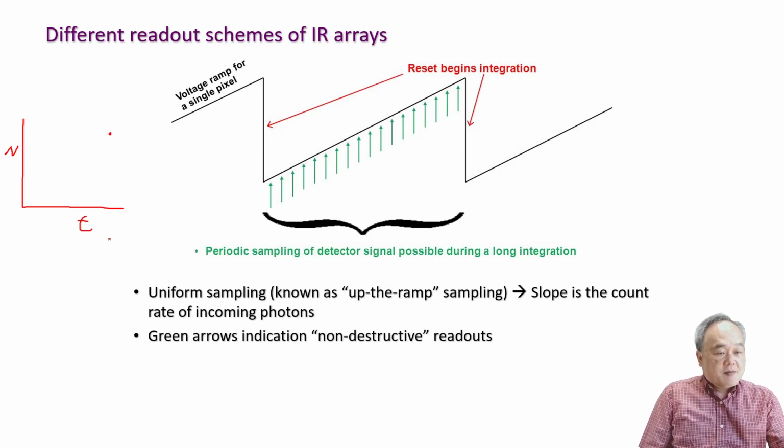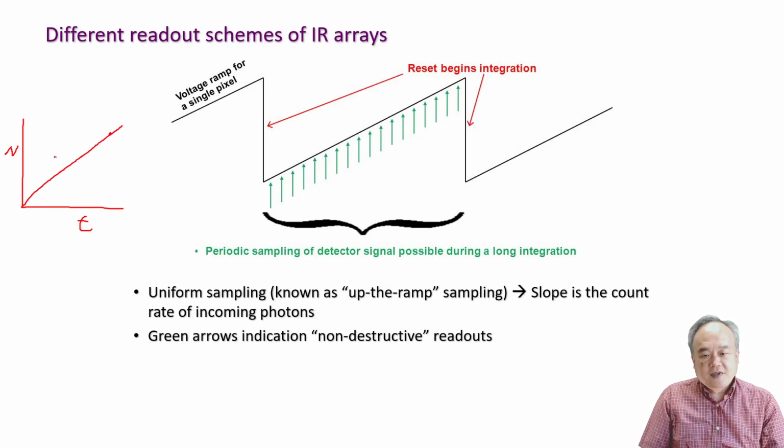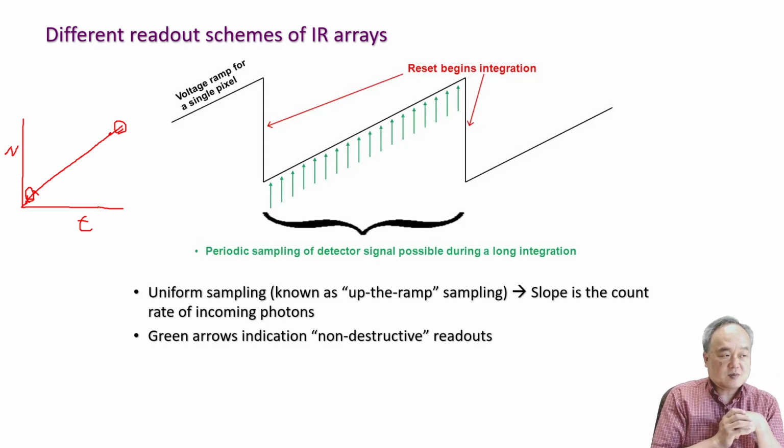But because the infrared array allows non-destructive readout, what you can do is take the readout once at the beginning of the exposure, and once at the end. Then that difference is the accumulation of photons during your exposure. So that difference over time clearly gives you the count rate from your source.